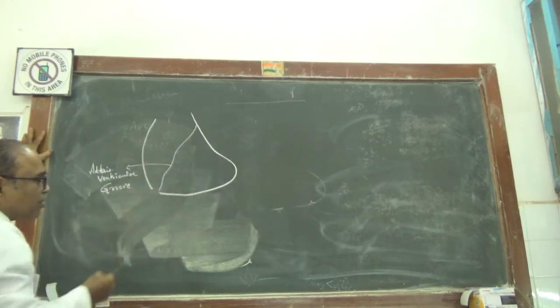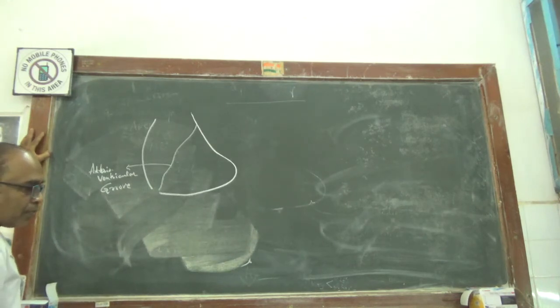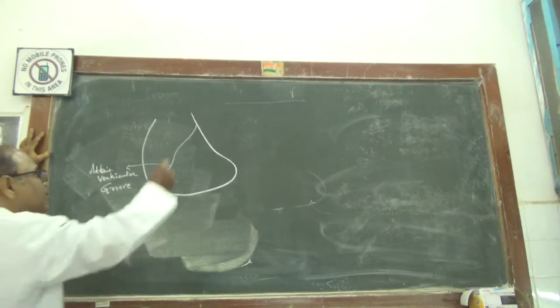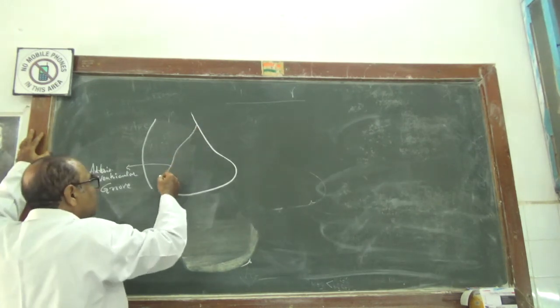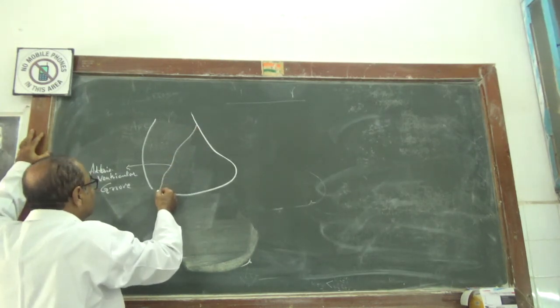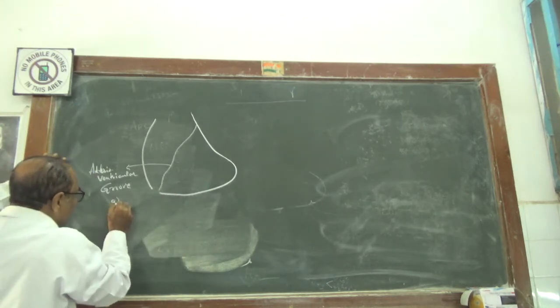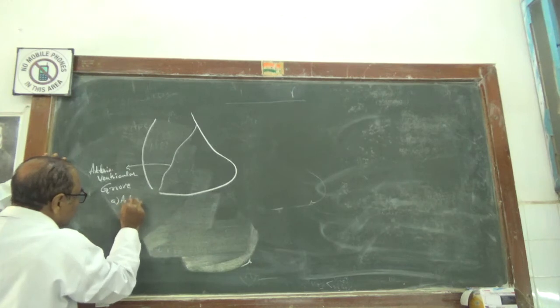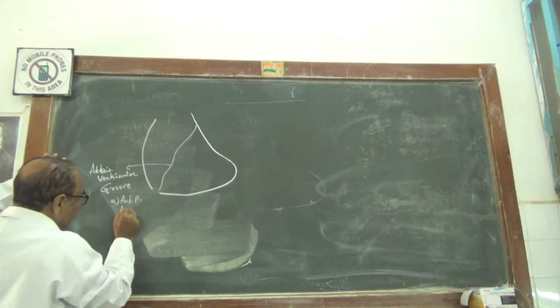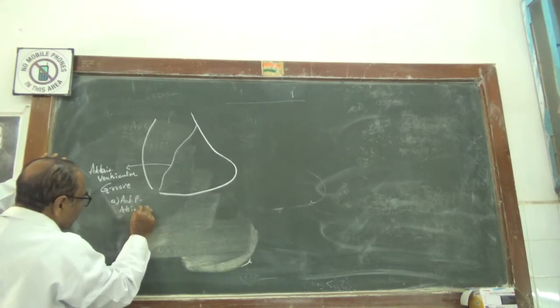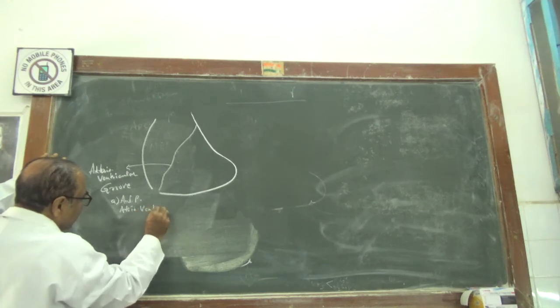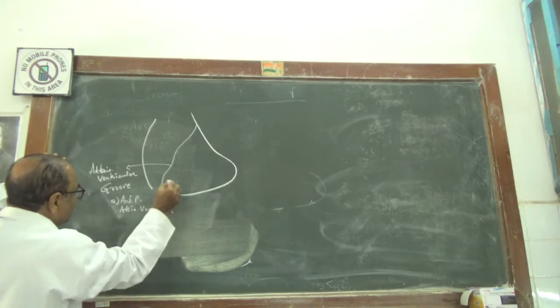Now this atrioventricular groove almost all runs on the anterior surface, that is the sternocostal surface of the heart. So it is called the anterior part of the atrioventricular groove.